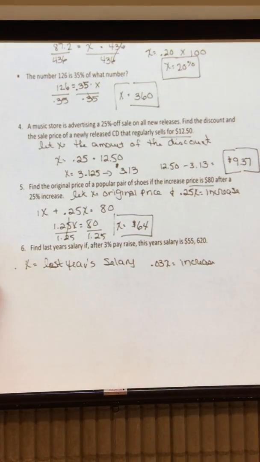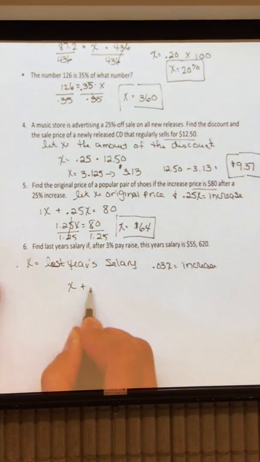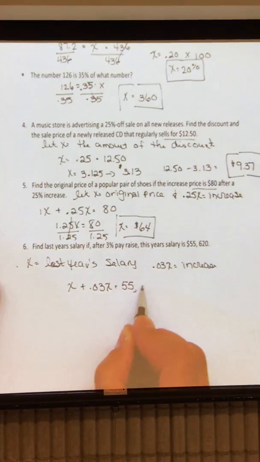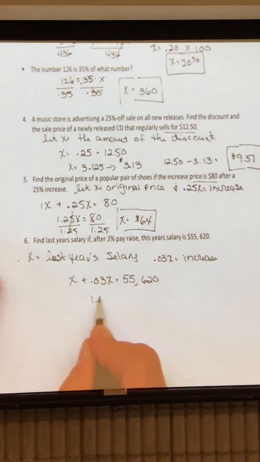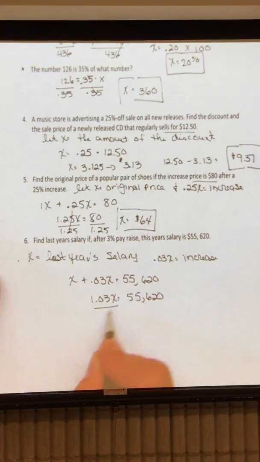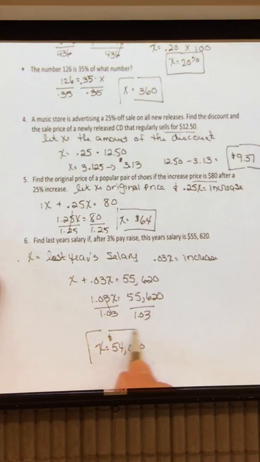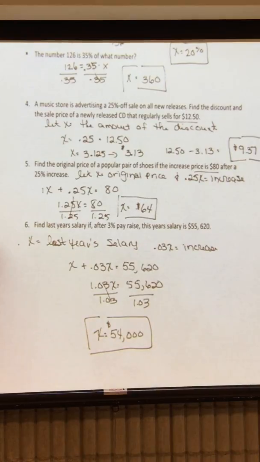So we have last year's salary plus the increase is equal to the total amount of $55,620. Again, solving for x, you have 1.03x is equal to 55,620. Divide both sides by 1.03, so x is equal to 54,000. Therefore, last year's salary was $54,000, and this completes Chapter 2, Sections 5 and 6.